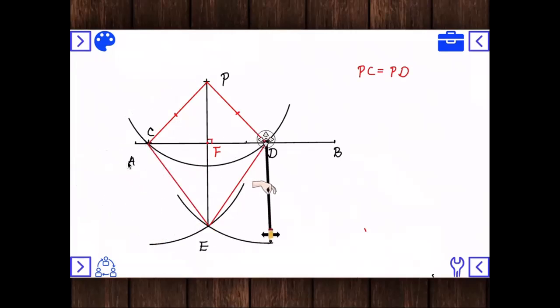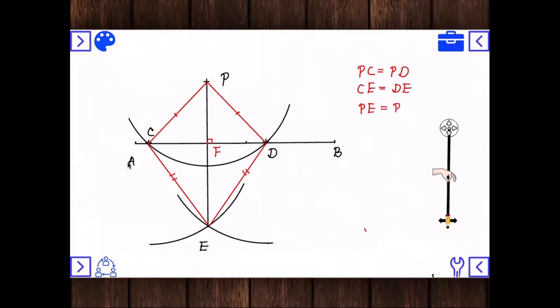And we move it to D, use the same radius, we drew this arc, which means CE and DE are also equal. Right? And because PE is equal to PE, we can conclude that triangle PCE is congruent to triangle PDE.